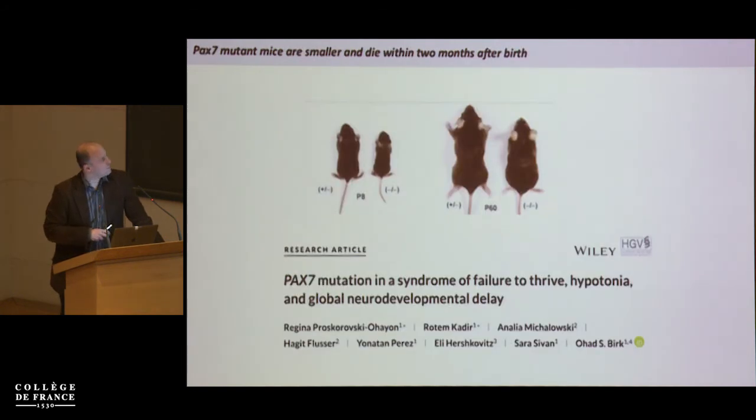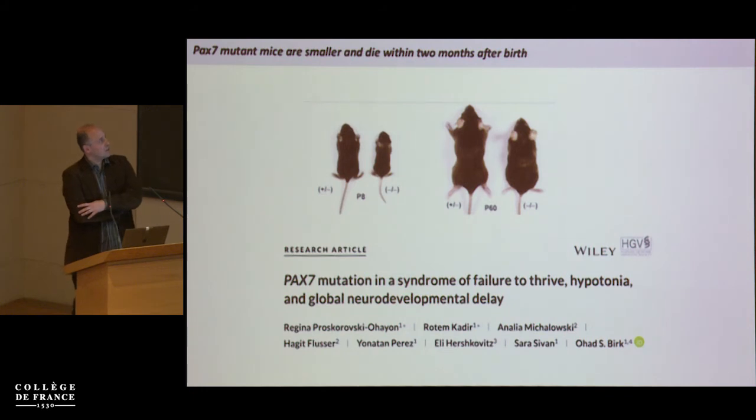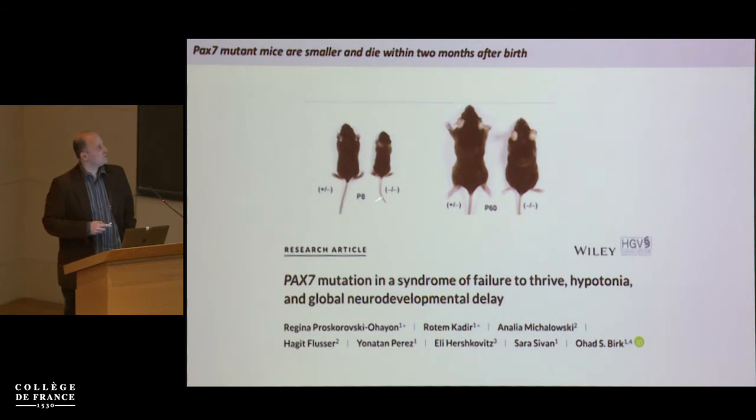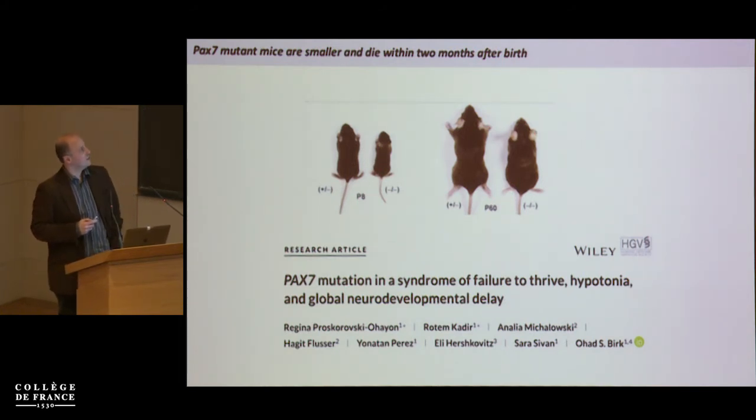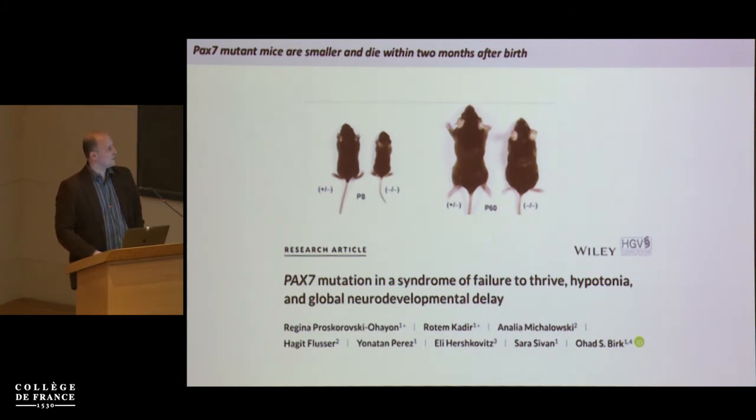Now, the PAX7 knockout mice, they die quite early after birth. Depending on the background, they can live a couple of days or a couple of weeks. Also, there are families, humans with mutations that have many different problems: failure to thrive, hypotonia, global neurodevelopmental delays.